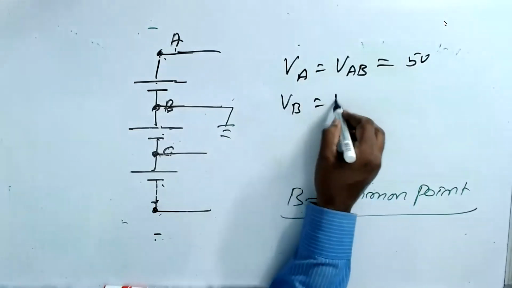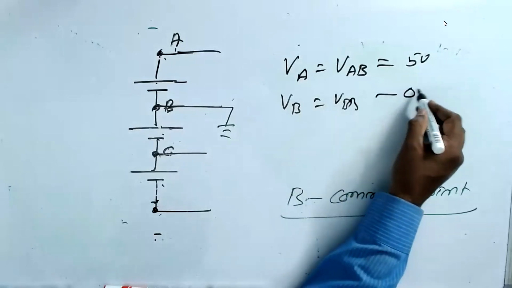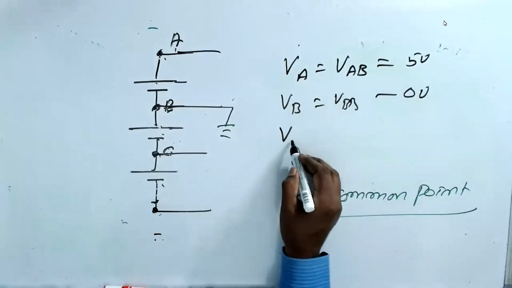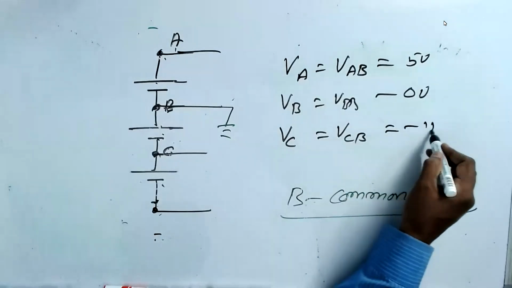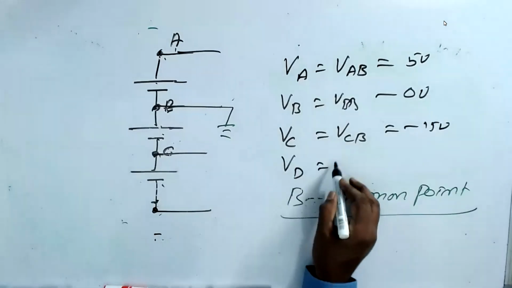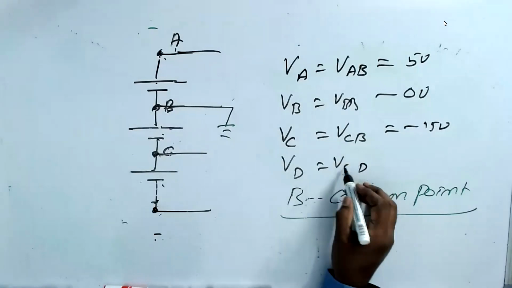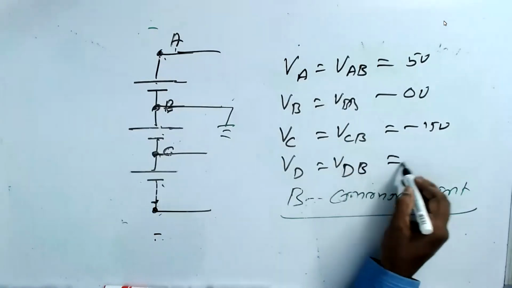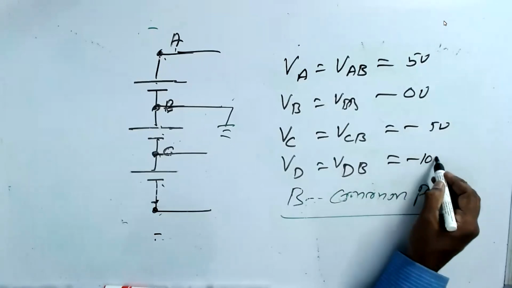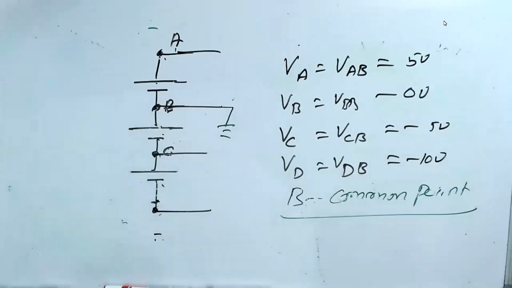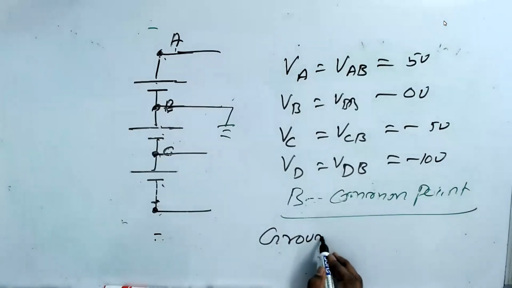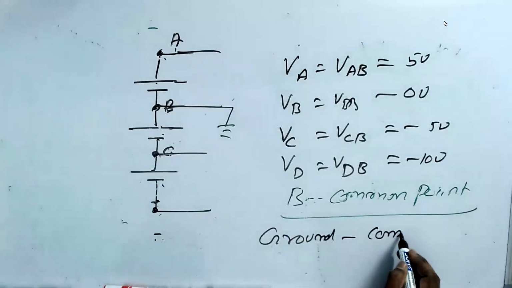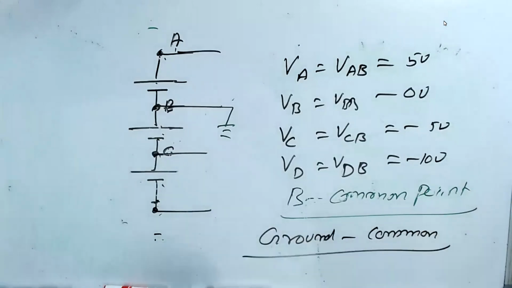VB is equal to VBB, same point, 0 volt. VC means VCB is equal to minus 5 volt. VD means VDB is equal to minus 10 volt. It's 2 batteries. So ground is a common point. Please understand, ground is a common point.